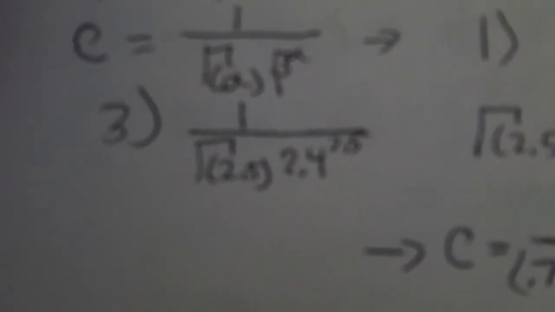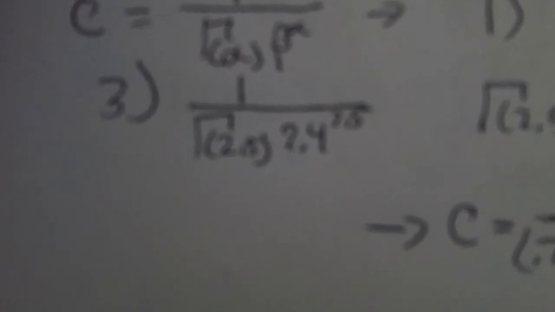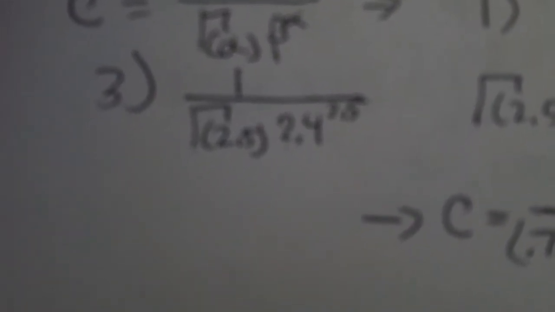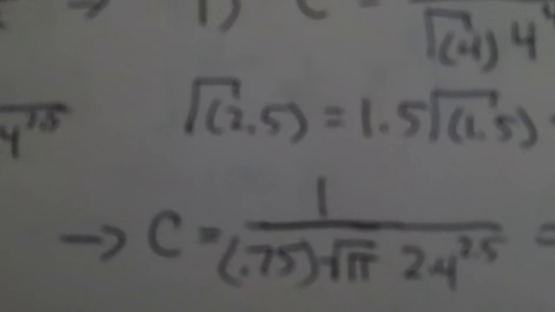For number 3, we've got gamma of 2.5 times 2.4 to the 2.5. Now, because alpha is an odd multiple of a half, we can use property 4, which is right there, as well as property 2 to actually get a value on this without having to do any integration.